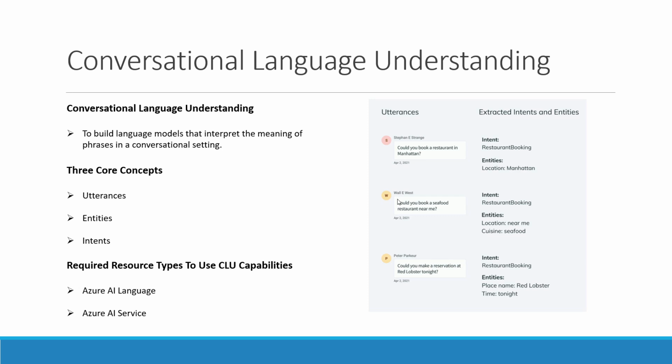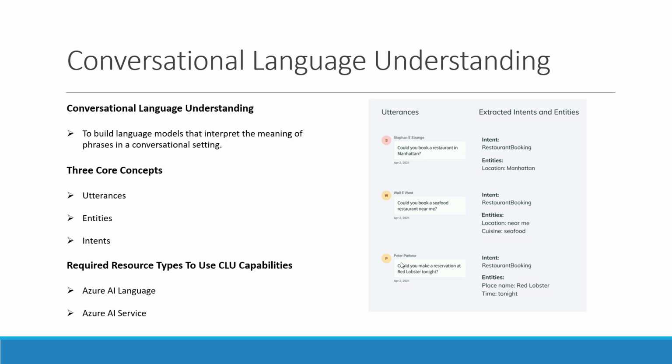If we take the second example, could you book a seafood restaurant near me? This is again an utterance. Here the intent is the same, restaurant booking. And if you look at the entities, the location is near me and the cuisine is seafood. So these two are the entities.